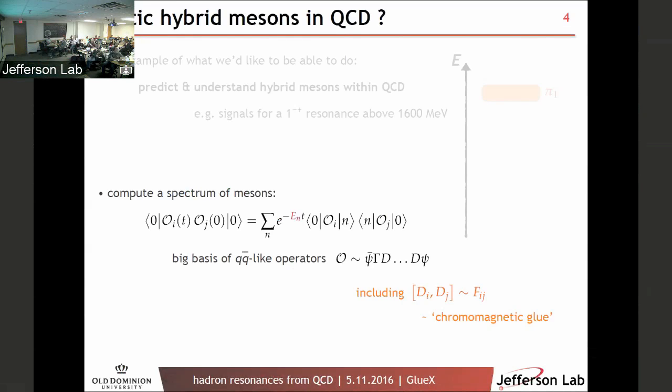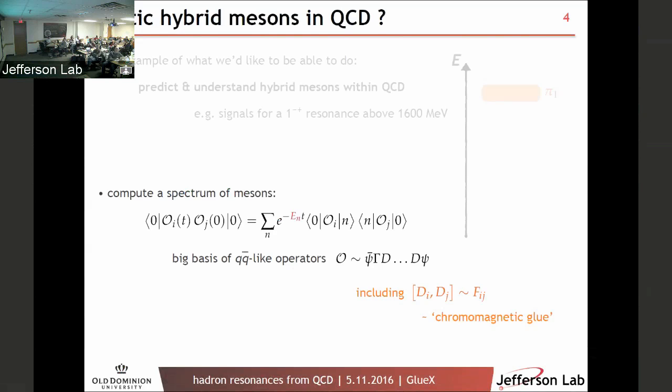Well, the point is that by looking at these correlation functions and constructing a large basis of operators constructed out of quark and gluon fields, and here I'm giving you some details for how that's done, but you don't really need to care too much about this for this talk, you can get out a discrete spectrum of states.